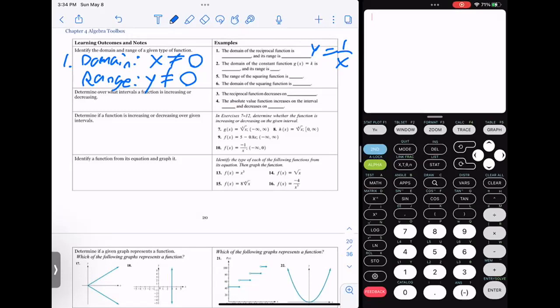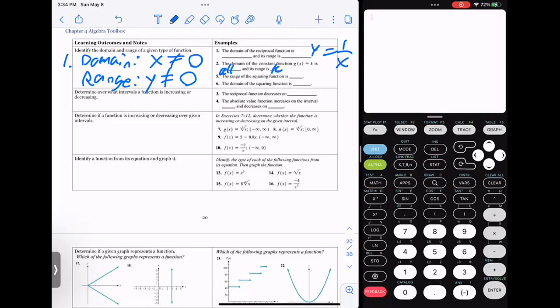Really, to answer number 2, you can use any x values. There's no x value that will leave this undefined at any point. And I think you said that the range is equal to k, which is true because you can only have k as your range. So I'll put k right there, okay? Does that make sense? Yep.